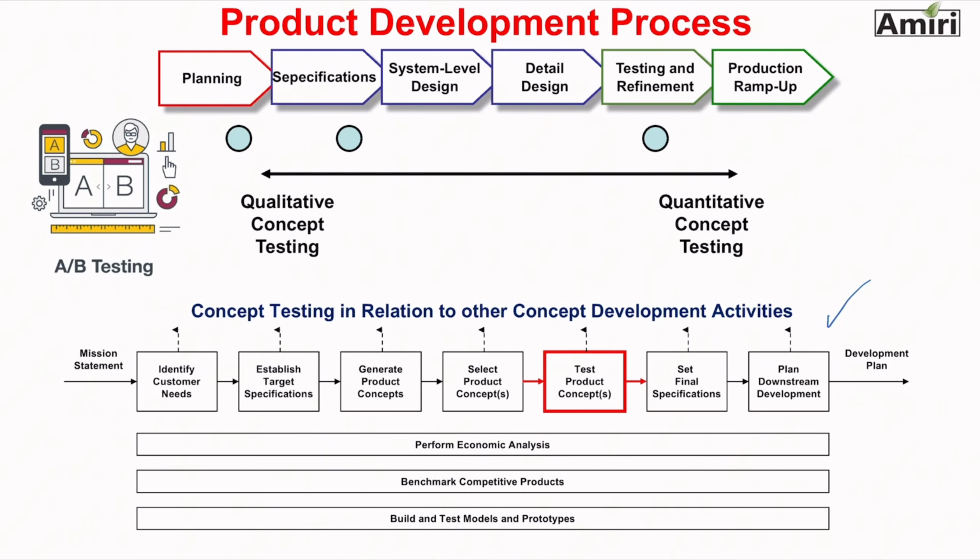The reason that concept testing generally follows concept selection is that a team cannot feasibly test more than a few concepts directly with potential customers. So as a result, the team must first narrow down the sets of alternatives to a very few, and then move forward.